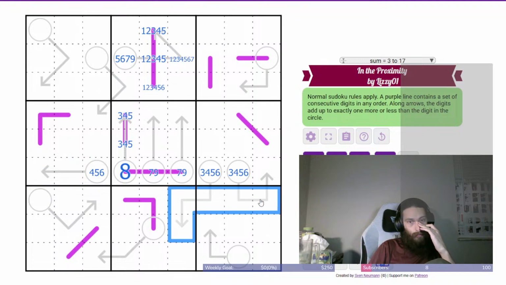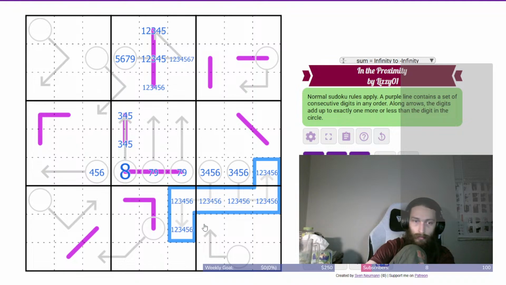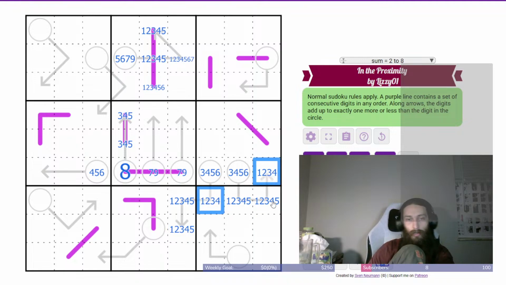Okay, what about these ones? They're now max 7. Well, they've got 2 others. So, and the singles can't be a 5.